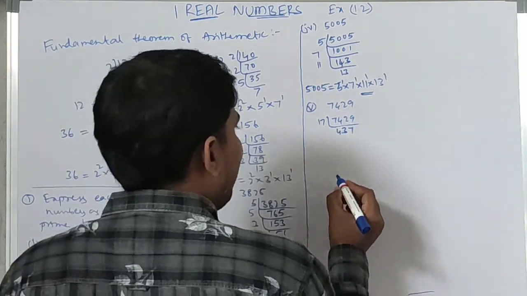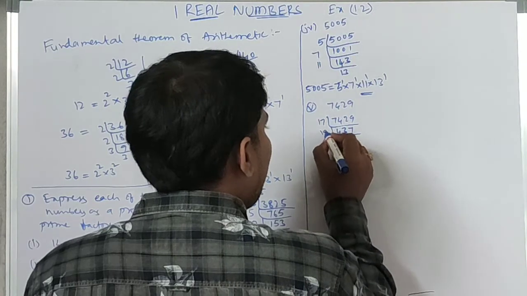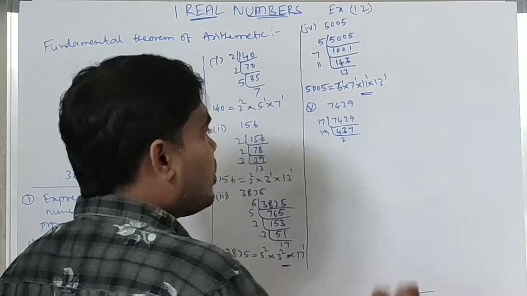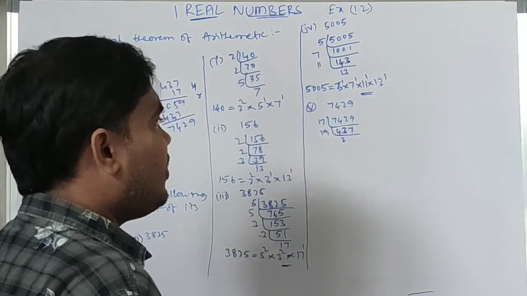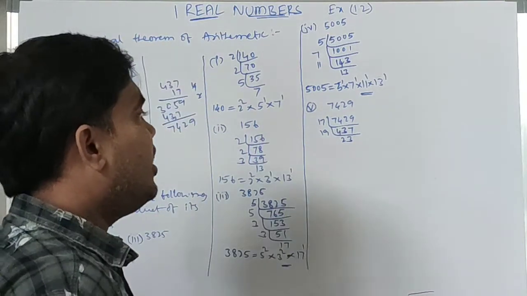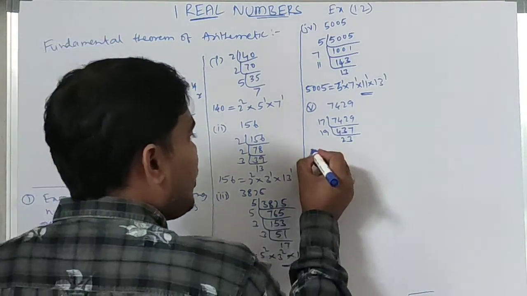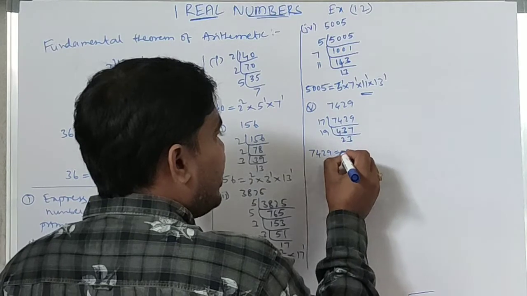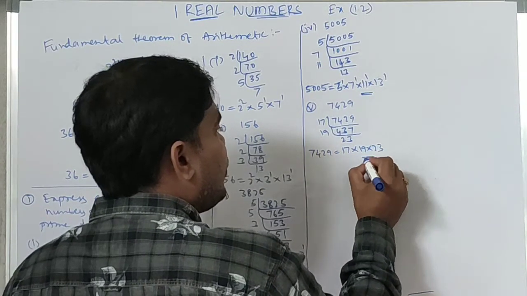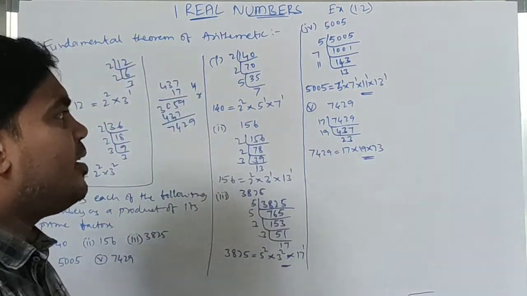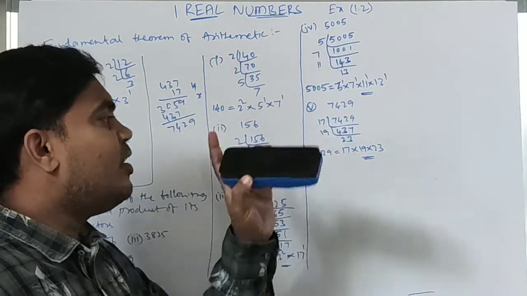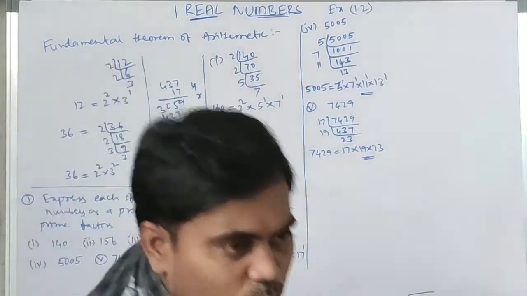So I want to check 19. 19 into 2, 38, 5, 57. 19 into 3, 57. So it is divisible by 19. So 7429 equals 17 power 1 into 19 power 1 into 23 power 1. So this is the required answer, the prime factorization of 7429.